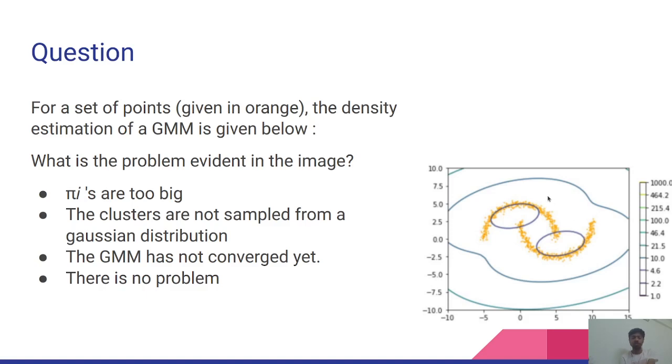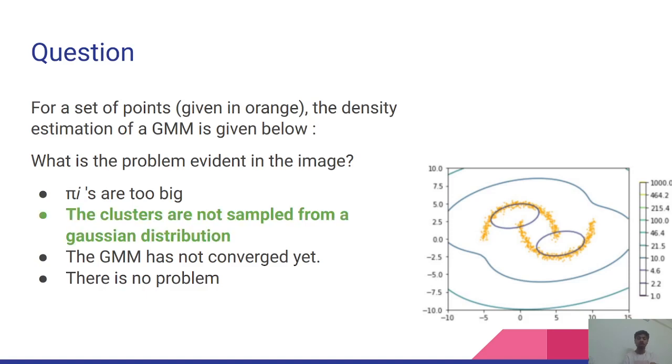So the only option is that the clusters we are sampling here are not really following the data set itself. Any way you try to fit the cluster here, because the data is not from a Gaussian distribution, we cannot really do it with k equal to 2, right? So this is the correct option, that clusters are not sampled from a Gaussian distribution.